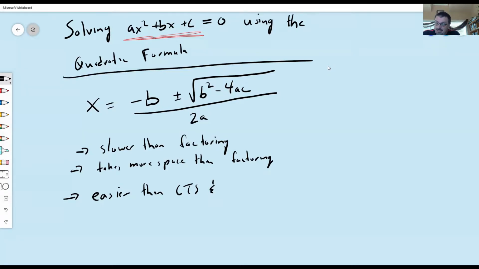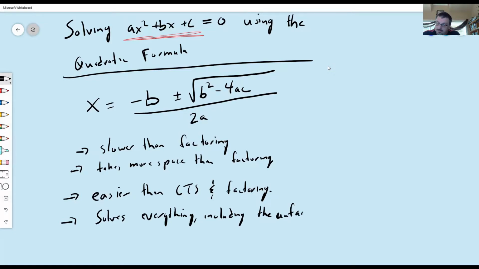And some people say factoring. The big key is it solves everything, including the unfactorable. So it is a very powerful tool.